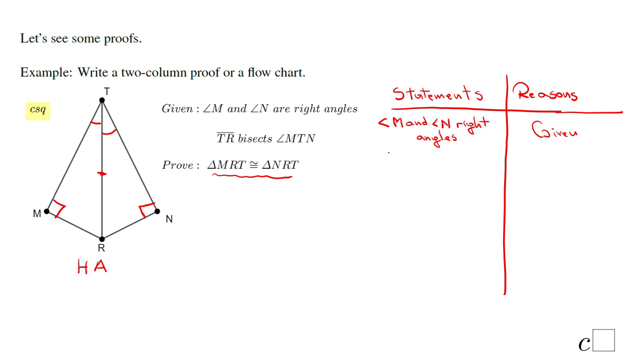Let me draw a line here because I use 2 rows, right? Based on this statement, we can say triangle MRT and triangle NRT are right triangles.